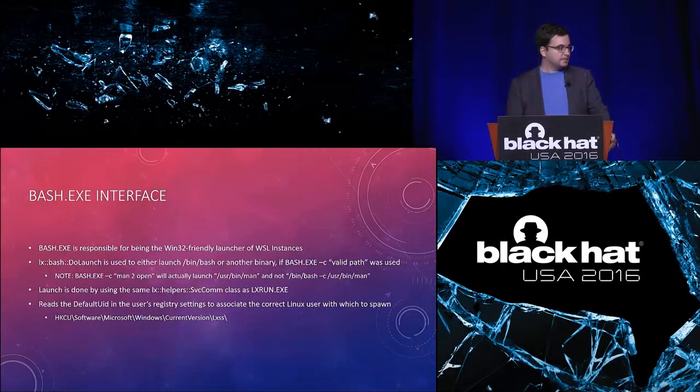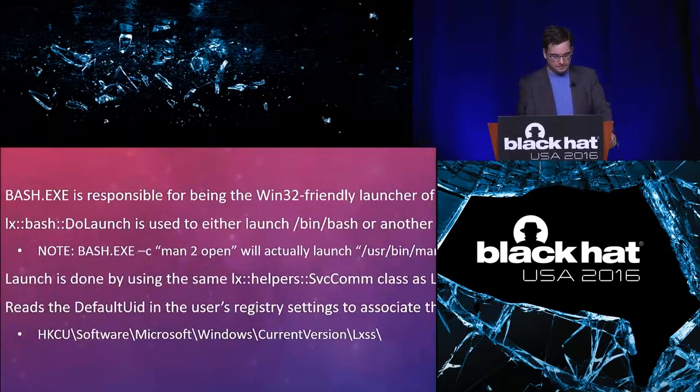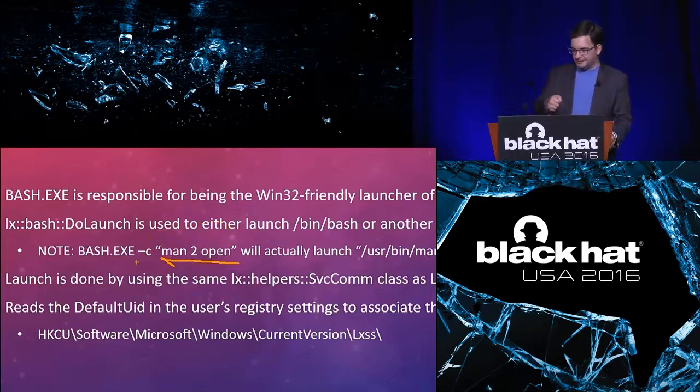Now, normally when you launch bash, it looks like all it does is launch the bash prompt. But if you do bash -c, for example, and type another command in quotes, it's going to run that command. Just like in a real Linux system, if you use bash -c, it launches that other binary. What's interesting here, though, is that you're not going to get bash, which then processes the argument and launches man.